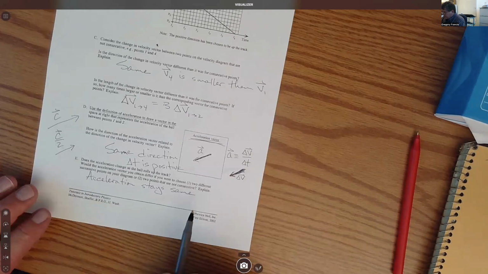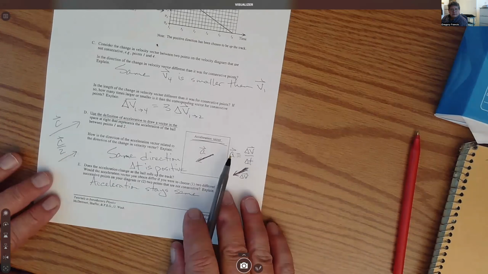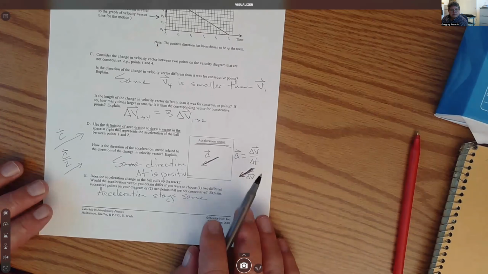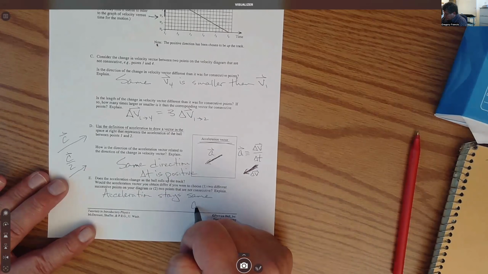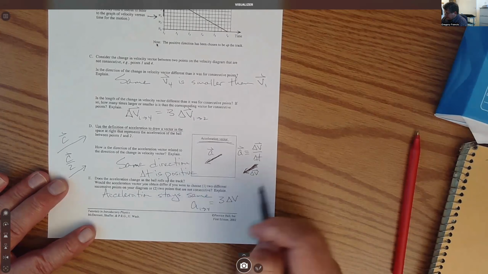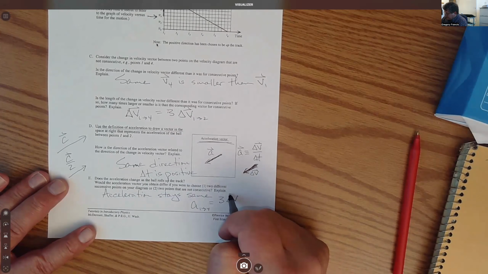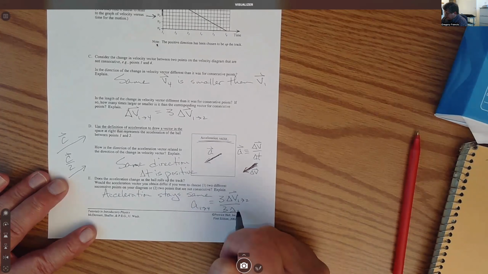The next part of this question said, what if you had 2 points that weren't successive? What if you went from 1 to 4? Well, I would have 3 times the change in velocity that I would experience from 1 to 2, but I also would have 3 times the time interval.